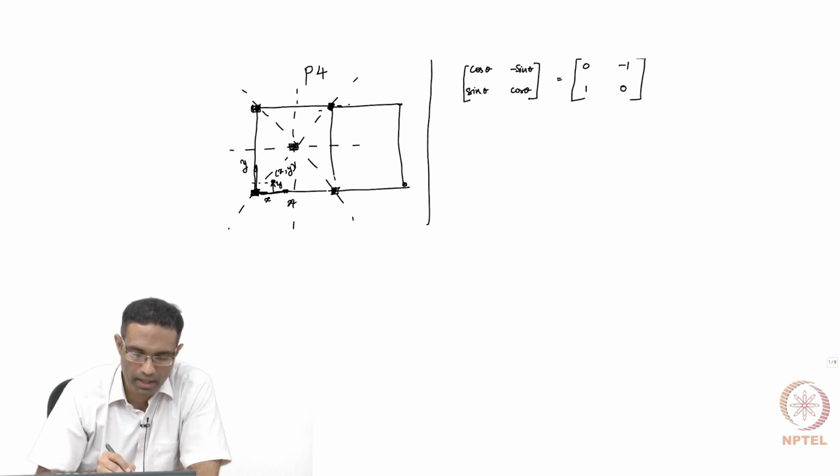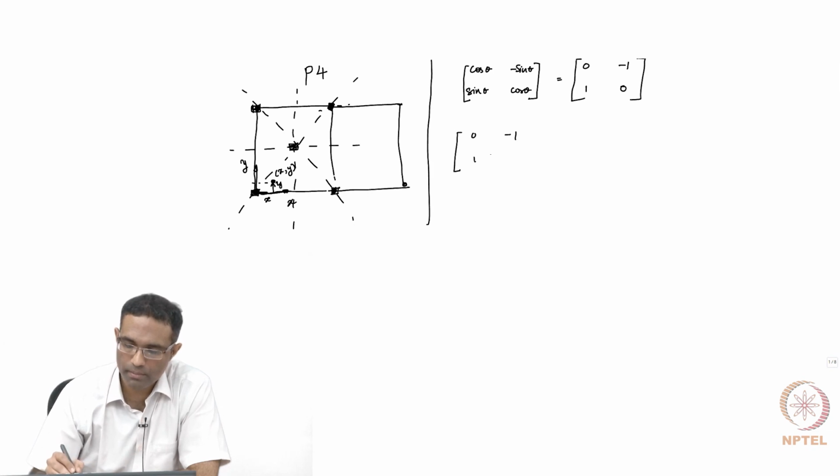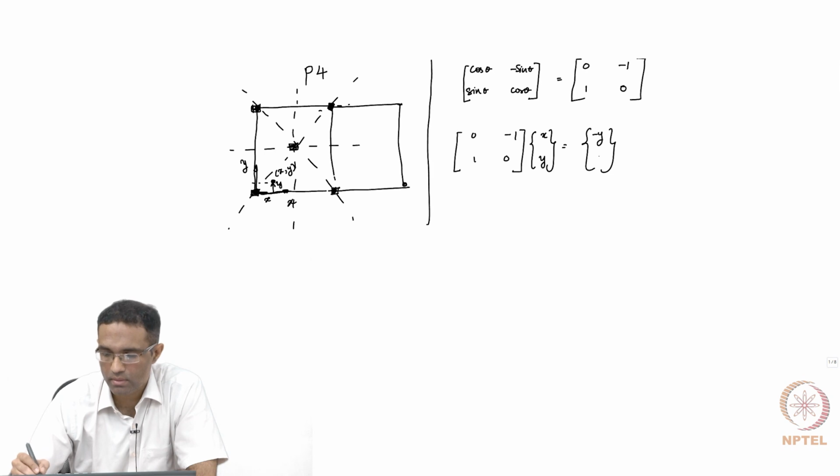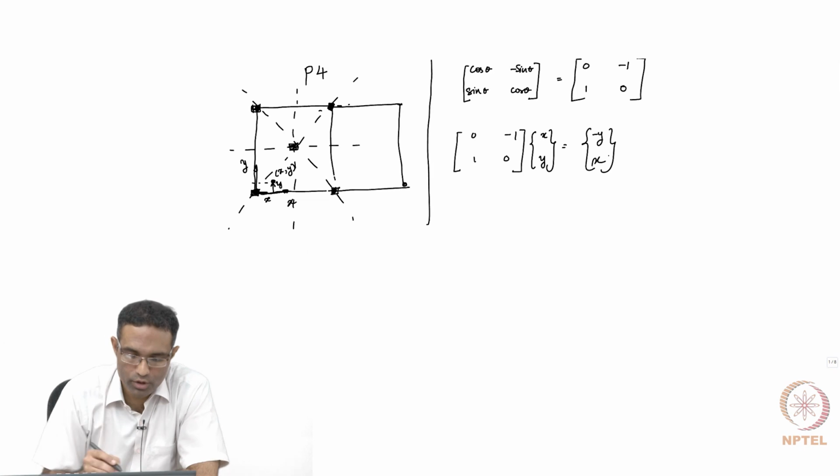So I first apply this rotation to the point x, comma y, and that will generate minus y, comma x.